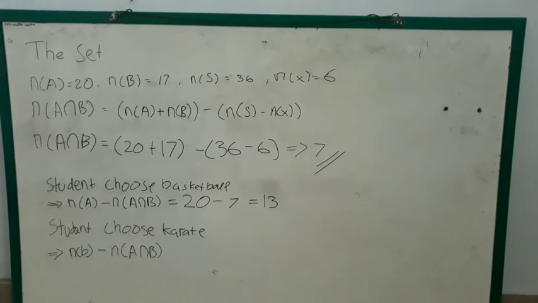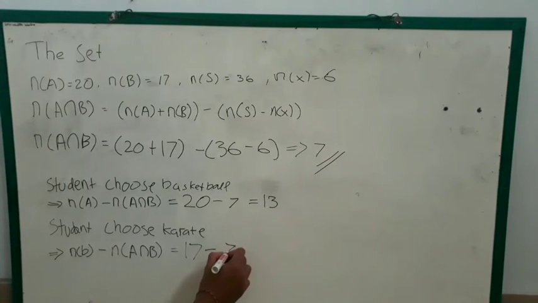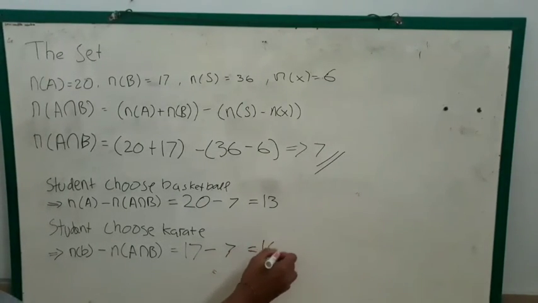And then we find the number of students who choose only karate. The formula is value B minus the value of the intersection of A and B: 17 minus 7, and the result is 10 students.